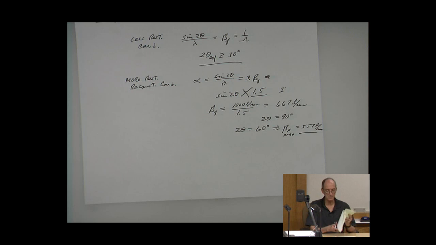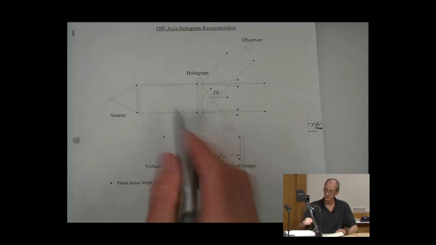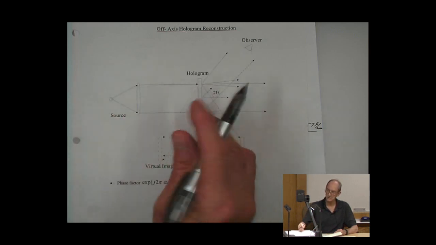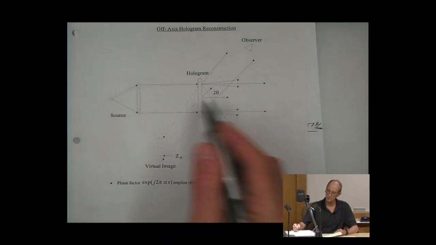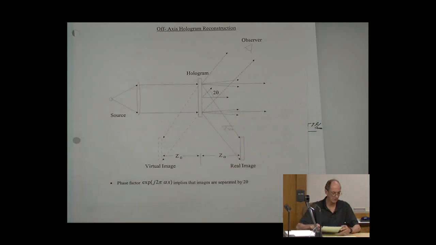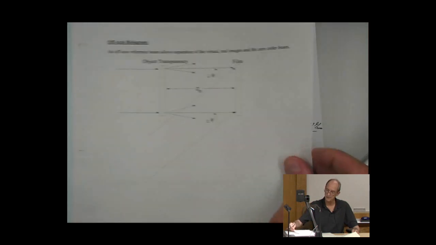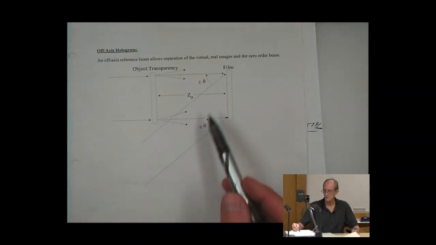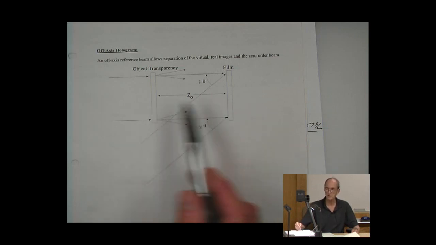So in the homework problem, if I recall, what I asked you to do is to look at this a little bit more from, I think I asked you to look at the range of angle, or how close you can separate the film. I guess it's this object here, or this figure. How close you can position this. So what you have to do there is play with the geometry a little bit.